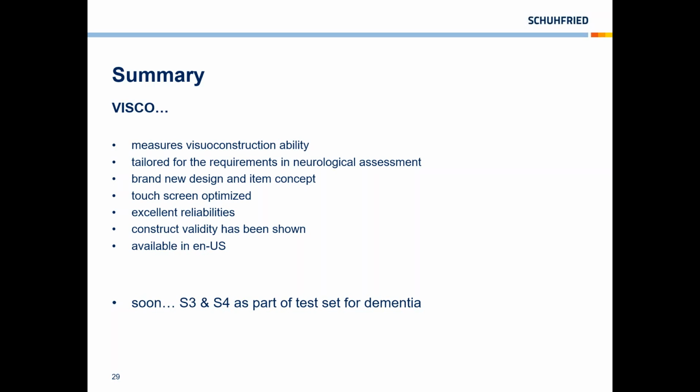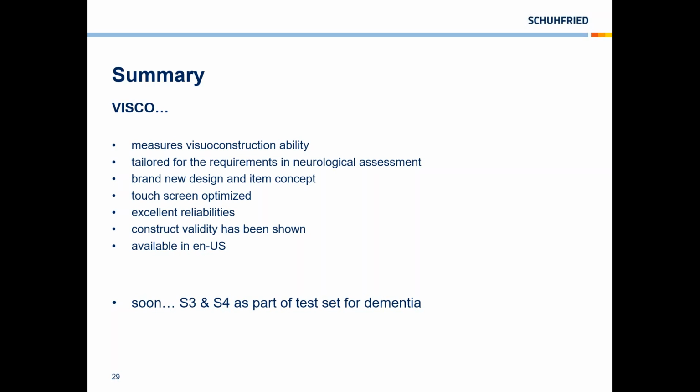We've got lots of positive feedback on that, and in the field, practitioners are already working with a tablet. It just comes in handy to work on this with a touch screen. It's got excellent reliabilities. I can tell you we're far beyond 0.90 in most comparisons. So reliability is very good. We were able to show construct validity too, with the mosaic test, for example.